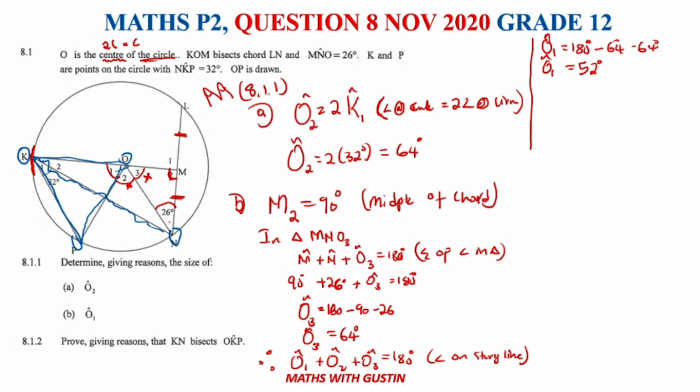What we can do now is either prove that this angle and this one, K1 and K2, are equal. If we can prove that, we would have proven it. Or remember that we have this angle here, which is 52, O1.